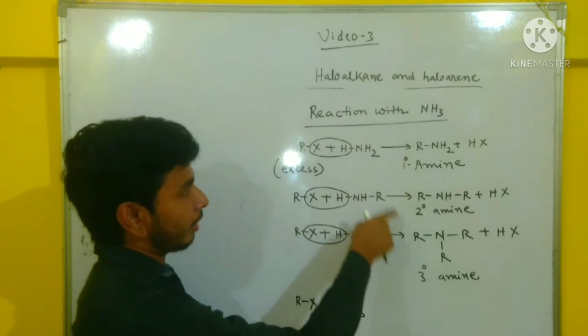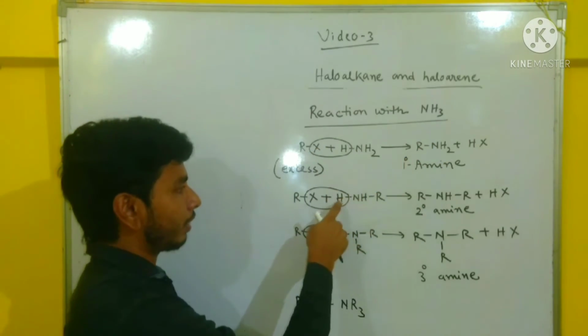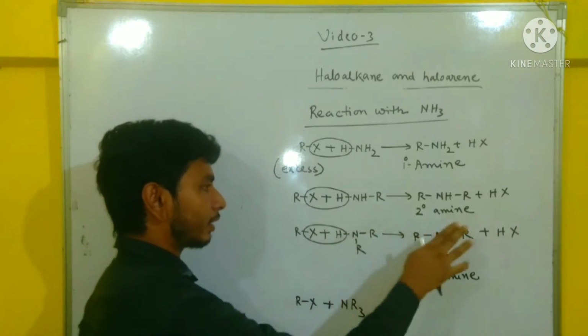So in our 3 steps, H and X, HX, is removed each time.